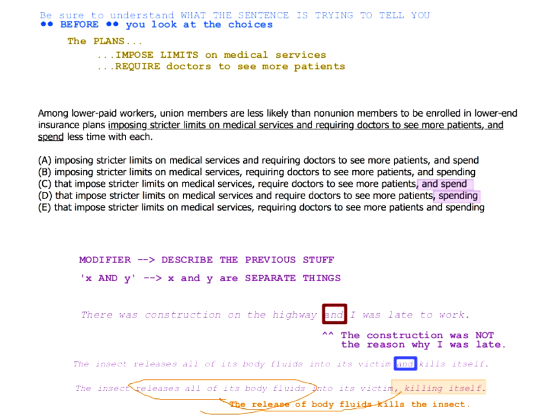If you have an insect that deposits a bunch of body fluids into a victim and then suddenly goes and kills itself, then this would be the right idea. That seems like a less reasonable thing, but if you had an insect that actually did that, then that's what it would signify.